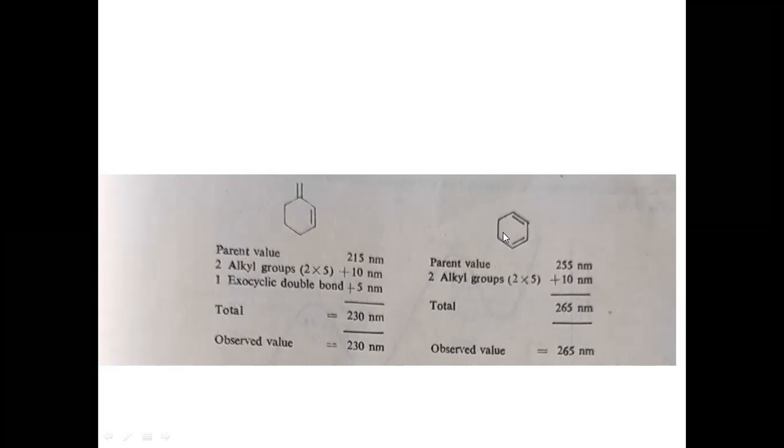This is conjugation. If I put a double bond here, it will be an extension of the conjugation. Now this lambda max will be increased by 30 nm. Conjugation is extended here, so that will be 30 nm.